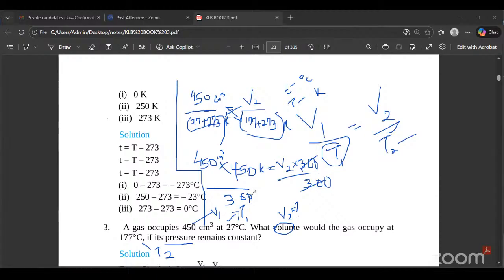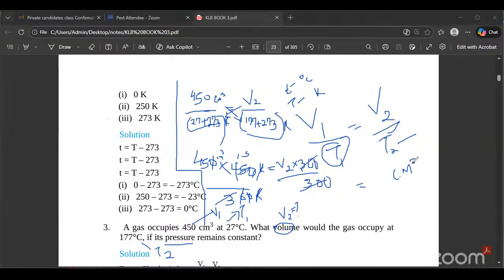So this 0 and this 0 goes, I think 45 by 3 is 15. So 15 all the way 45. And remember the Kelvin has gone. So the answer now is in centimeters cube. Remember that I'm not saying this one.